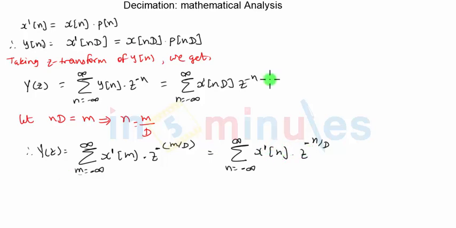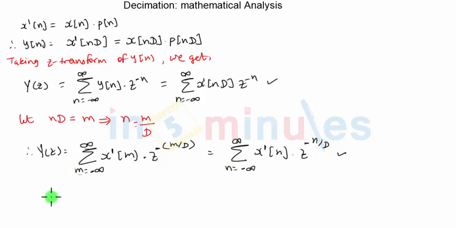But what is the difference if you compare the previous summation expression and this one? I have managed to get this d out of the brackets of x', and this d is now in the power of z in the form of 1 by d. So that is done through this simple mathematical replacement. Alright, so this last step, I hope it is clear. We have simply replaced small m everywhere with small n.